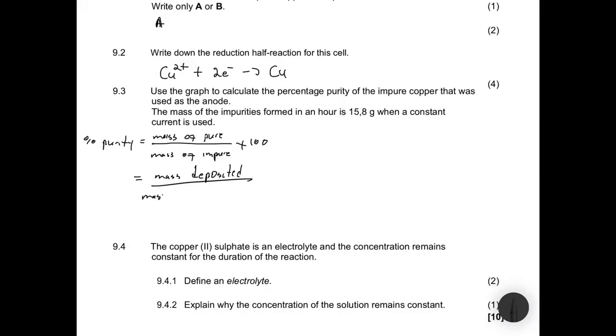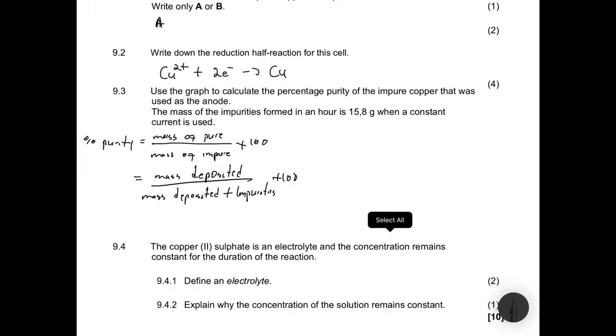So here we have mass deposited plus the mass of the impurities, multiplied by 100, because we have this chunk of an impure sample, and then some of that amount gets deposited at the cathode, so we know that that amount is pure.